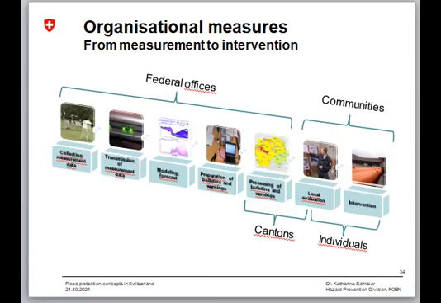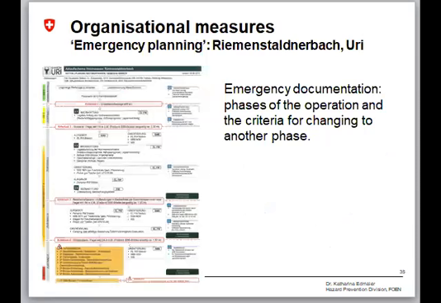The processing of bulletins and warnings is carried out in cooperation of the federal government and the canton, and the local evaluation is implemented then by the cantons and the municipalities. And the latter are also mainly responsible for the intervention measures when it comes to organizational measures.